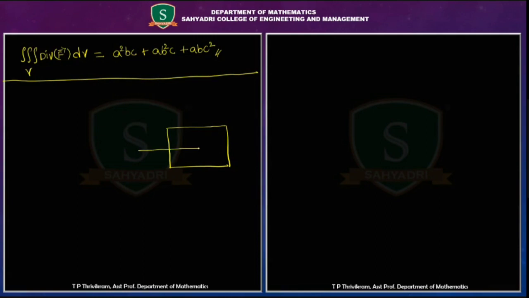So you have to draw the diagram like this. Just connect the vertices of both the rectangles.